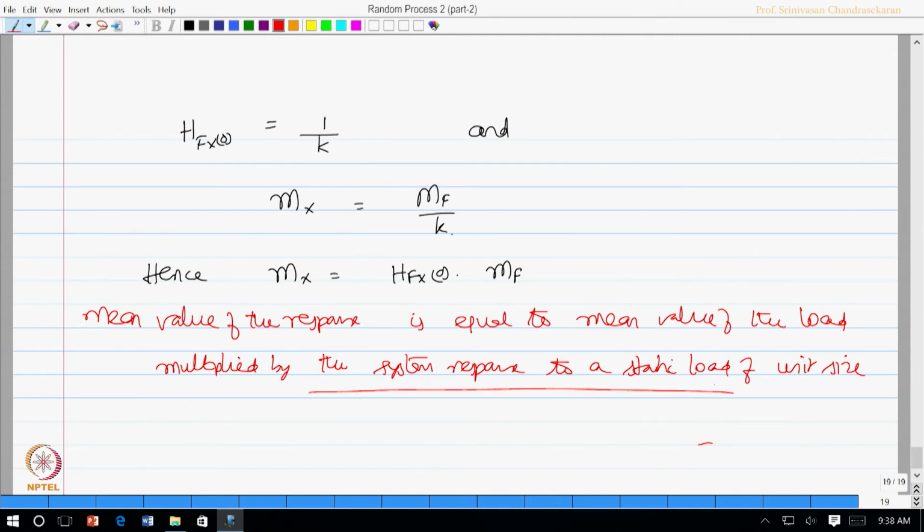So, that is a great advantage of interpreting the response and the load function. So, one can now say m x is H f x 0 times m f.